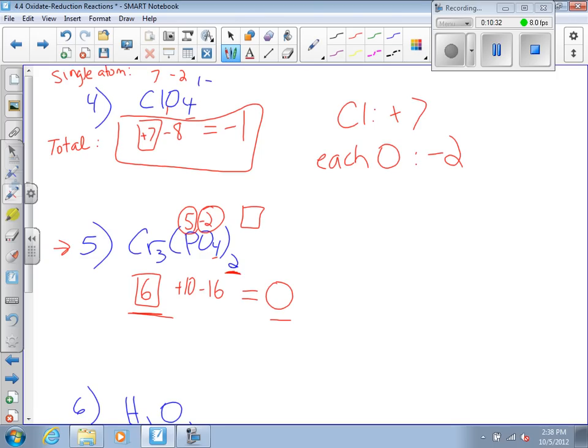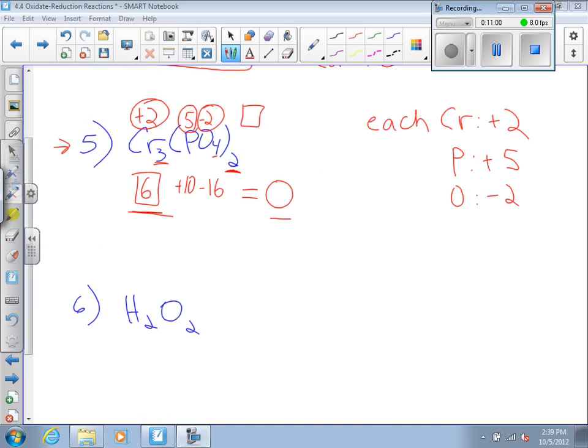How many chromiums do I have? Do you see it? There's 3. Good. If I have 3 chromiums and they must completely, all together add up to 6, what is each chromium by itself? Hopefully you got it. +3. No, +2. Sorry about that. So each chromium should be +2.